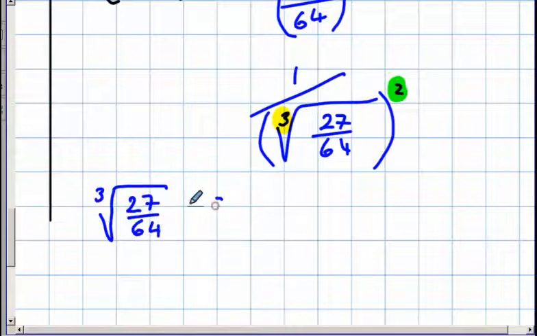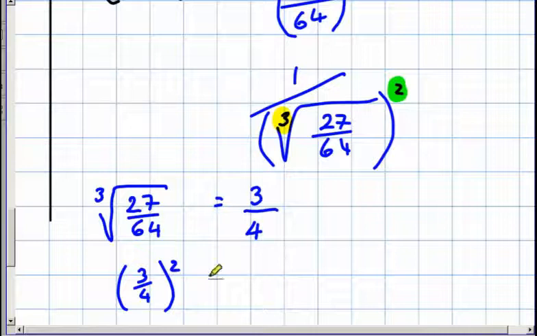Well, you find the cube root of 27, which is 3, and the cube root of 64. You break it down into 2 stages. Then I'm going to square that answer. Okay. So there was the effect of the yellow number, the denominator. Here's the effect of the green number, the numerator. So it's 9 over 16.